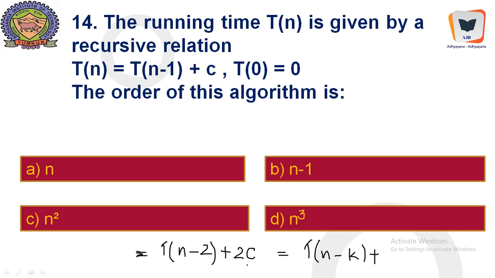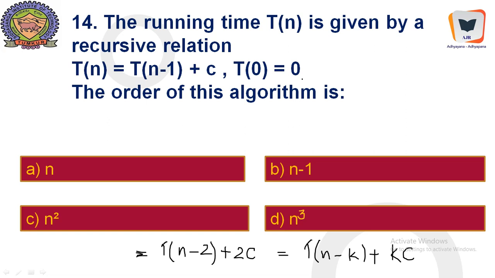So there is a pattern that is emerging. We need to replace this pattern by a variable, and let this variable be k. Then we will look into the base case. When this function T(0) receives a 0 value, then the output should be 0. It is something like this.